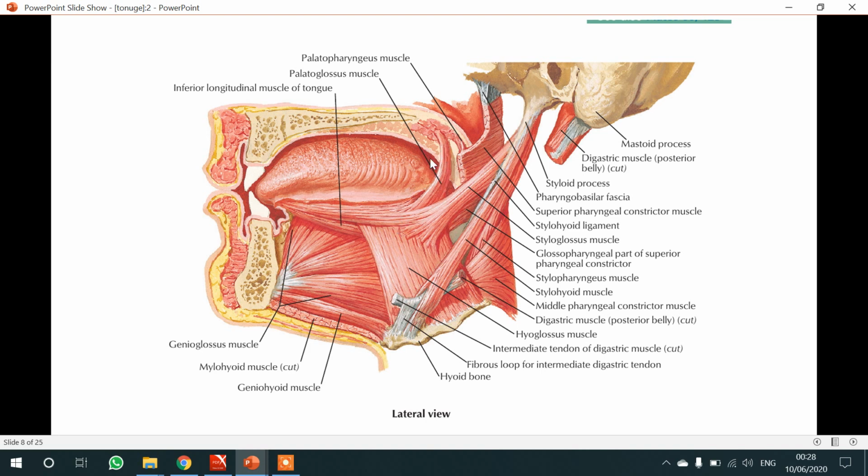This is the reason it is a muscle of the palate. Palatoglossus is a muscle of the palate plus a muscle of the tongue as well. It is originating from the palate, so like the rest of the palatine muscles, it is supplied by the pharyngeal plexus, whereas all of the rest of the tongue muscles, which are extrinsic tongue muscles and intrinsic tongue muscles, are supplied by the hypoglossal nerve, which is the 12th cranial nerve.